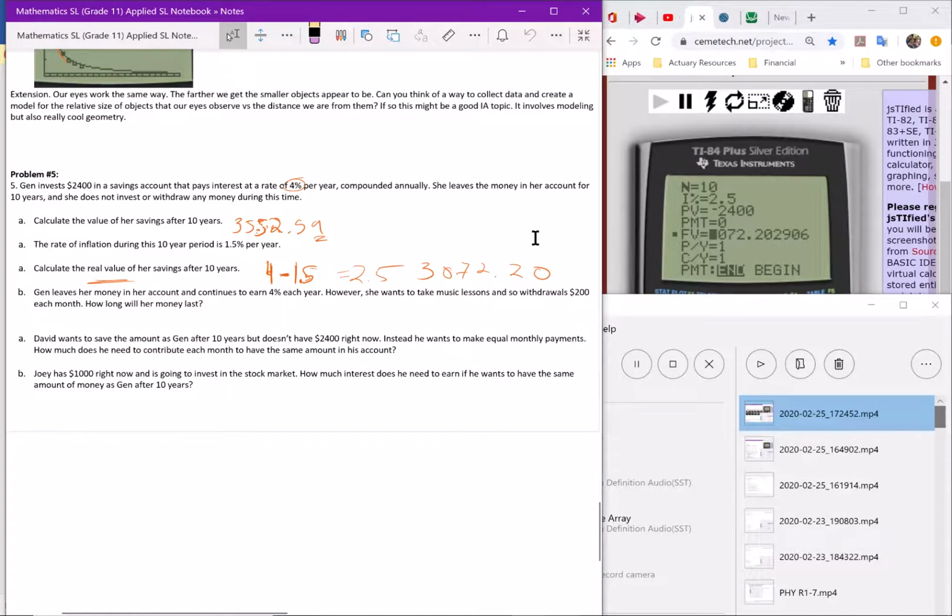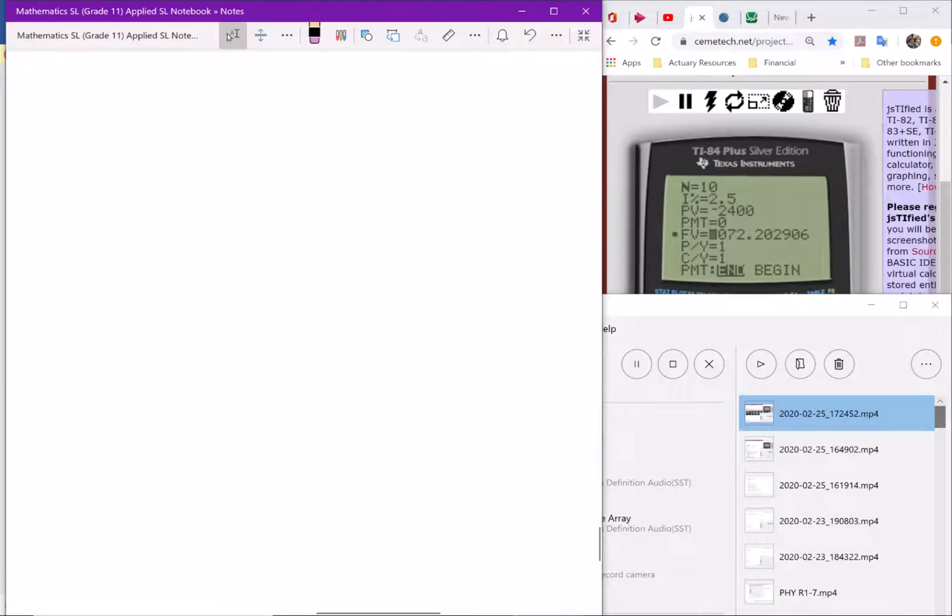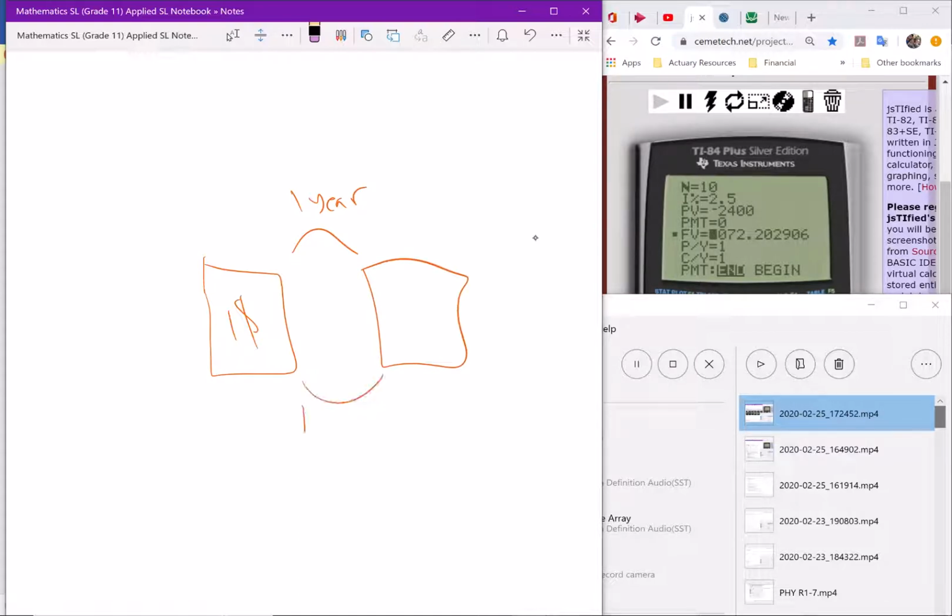okay, the other way to think about it is just imagine, let's say a can of Coke today costs $1, right? Then 1 year from now, if the inflation is 1.5%, then this can of Coke will cost 1 times 1.015, or about $1.015.